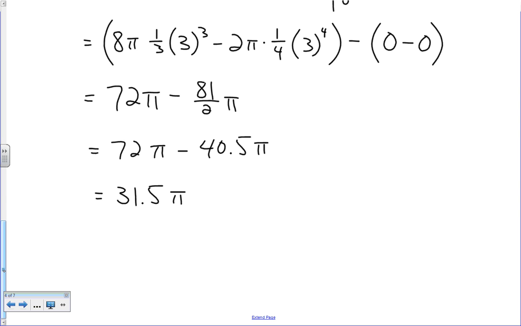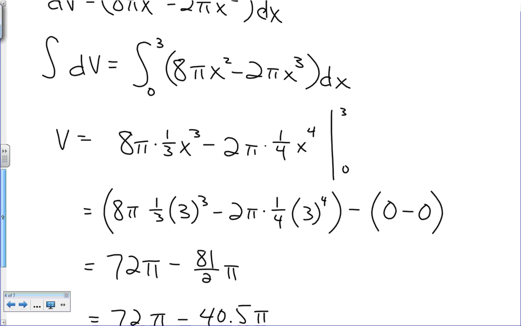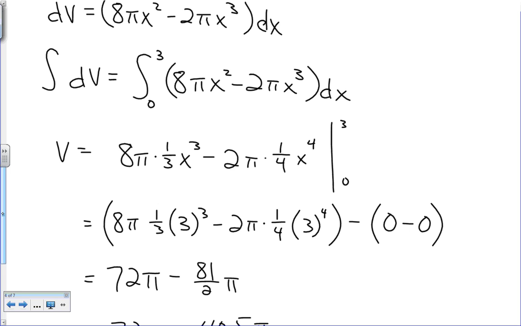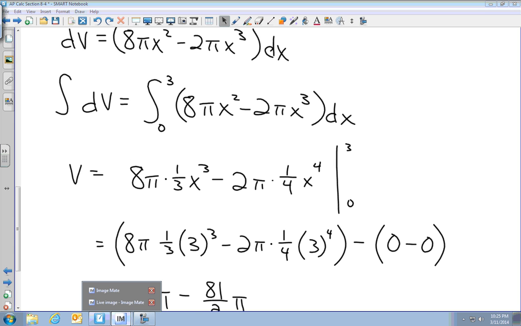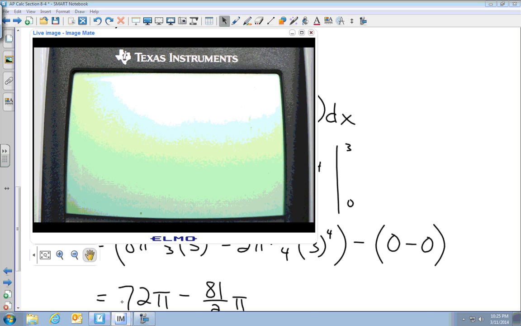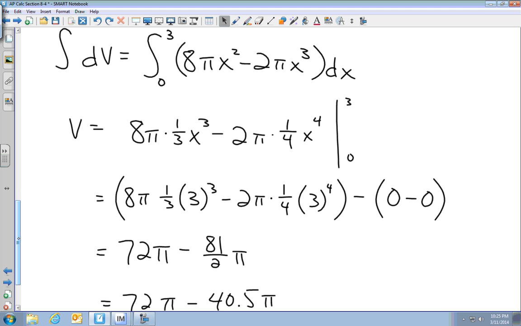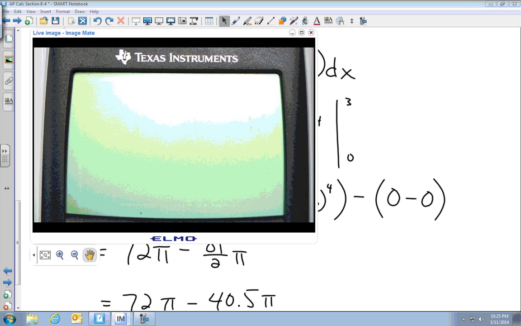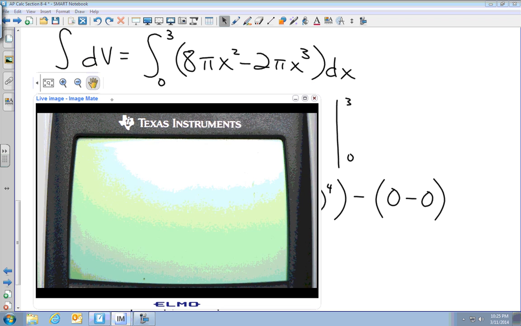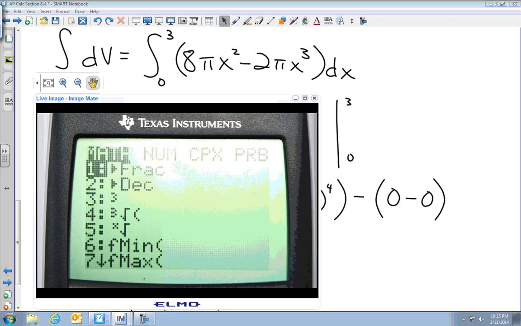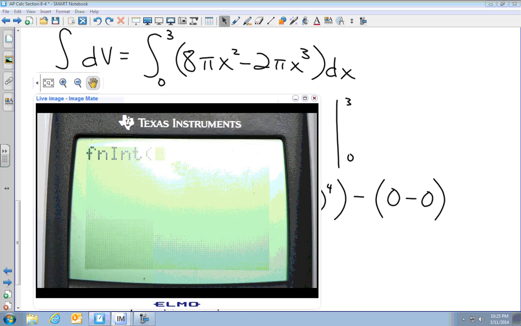Now if you want to double check your answer there, we can go back up to the original, and I mentioned we could use numerical integration. I'm going to just show you to remind you of how we do that. So, let me put the original up here so I can see it. Let's move this down. All right, so on our calculator, we'll just punch in that numerical integral under your math menu. You can find it, FNINT.